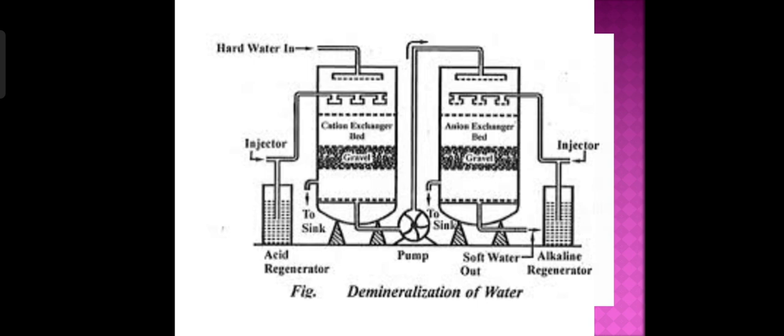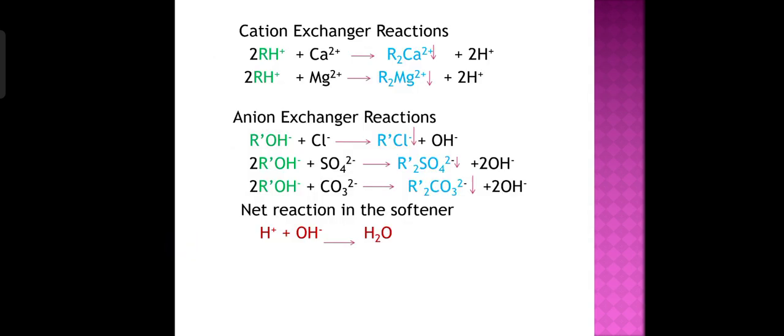As soon as the water comes into contact with the cation exchanger, which is generally represented as RH plus, having the capacity to exchange H plus ions with the hard water. So the reactions we have to see: cation exchanger resin RH plus, when it comes in contact with the cationic impurities Ca2 plus, will form R2Ca2 plus as a precipitate.